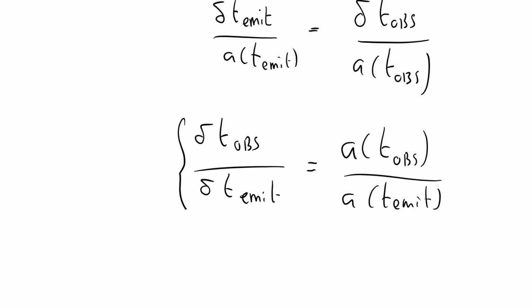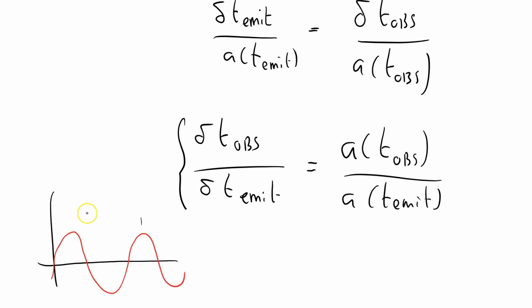Of course, what I'm going to do is consider delta t to be the distance between two successive peaks of light. That's going to be delta t emit.